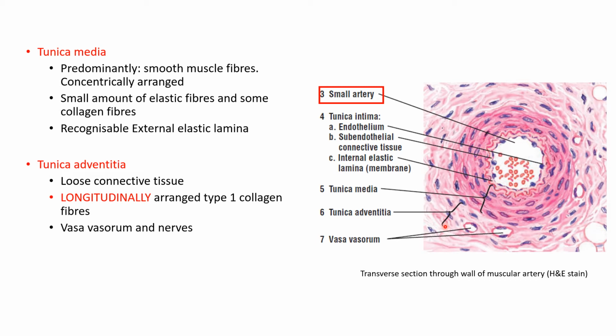If you remember, in the elastic artery, the tunica media was much thicker than the tunica adventitia. Here, the relative thickness of the two layers is similar. This layer also contains longitudinally arranged type 1 collagen fibers along with some fibroblasts, elastic fibers, adipose tissue, and also the vasa vasorum and the nerves.